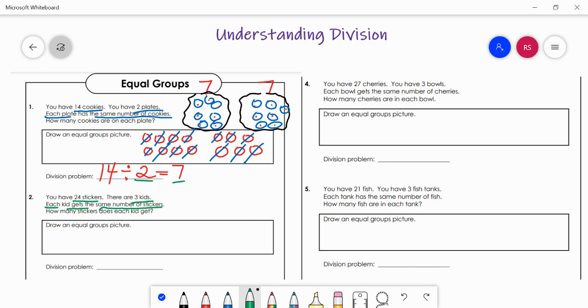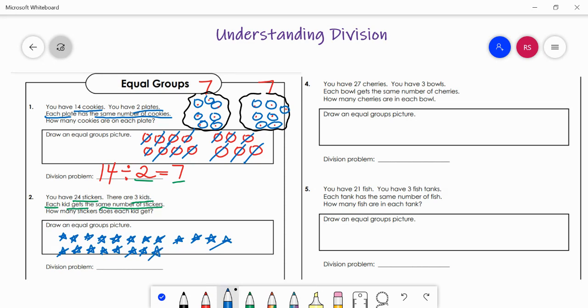So let's go ahead and draw out 24 stickers because that's our total. We need to make sure we have that drawn out. I'm going to draw stars to represent my stickers. So 1, 2, 3, 4, 5, 6, 7, 8, 9, 10, 11, 12, 13, 14, 15, 16, 17, 18, 19, 20.